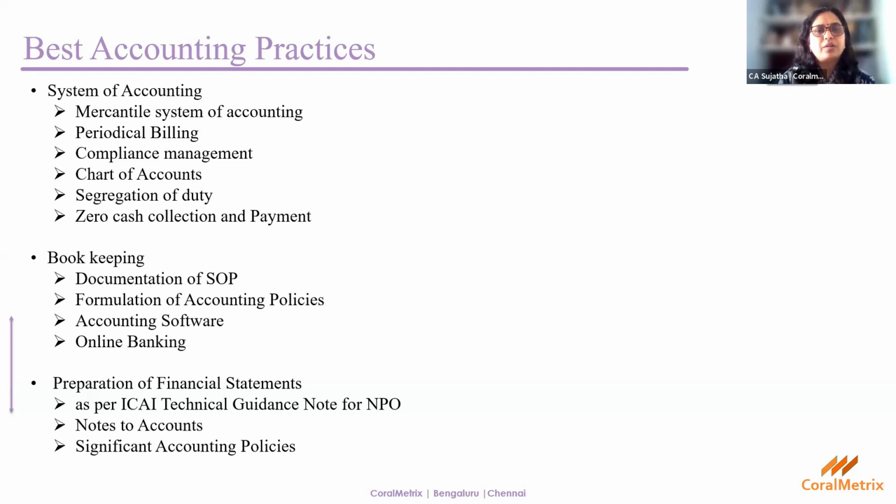Then the third important aspect of accounting is the preparation of financial statements. ICAI has issued a guidance note about 2 years ago, which needs to be followed by all non-profit entities. So the Resident Welfare Association, whether it is registered under the Societies Registration Act, or under the Apartment Ownership Act or the Cooperative Societies Act, needs to adhere to the template as prescribed and guided by the ICAI.